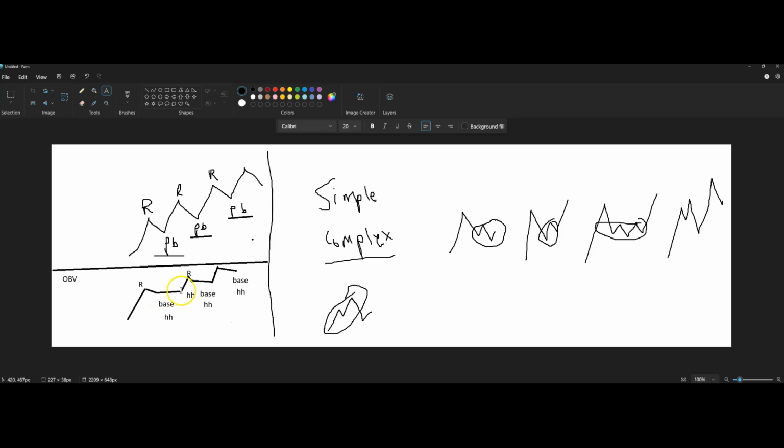This will make it easy for the base to break out because it's a shallow base. It didn't pull back, so it'll be easier for it to go up and break on less volume. So it'll make a higher high quicker. Okay, so that's how OBV should work.